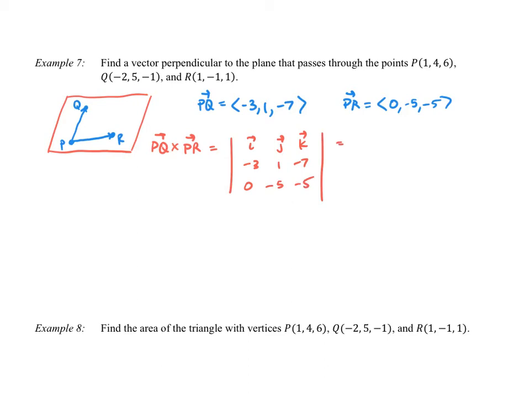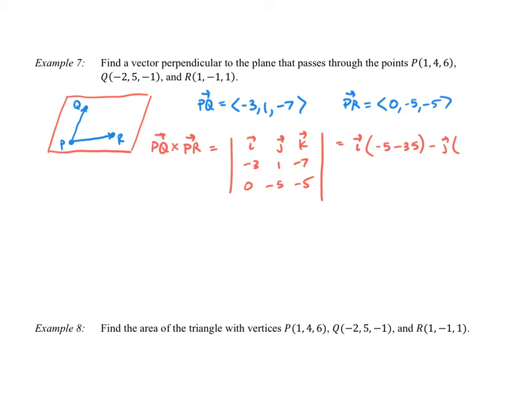Now we've done a couple of these, not too many yet. So I'm going to take it slow here just because it's still pretty new. So we have I multiplied by 1 times -5, so -5 minus -7 times -5, which is +35. So we get -5 minus 35 for I, minus J. And then we have for J, -3 times -5 minus -7 times 0.